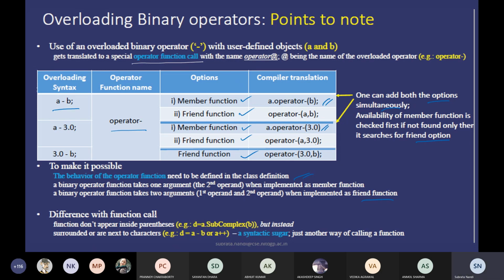And the difference with the friend function call is that the operator does not appear inside parentheses, but instead is surrounded by or next to the operands. So it enhances readability, as we found.